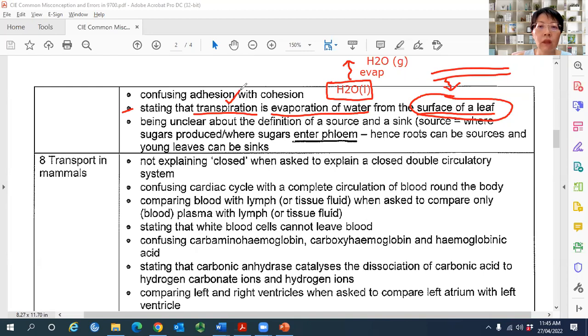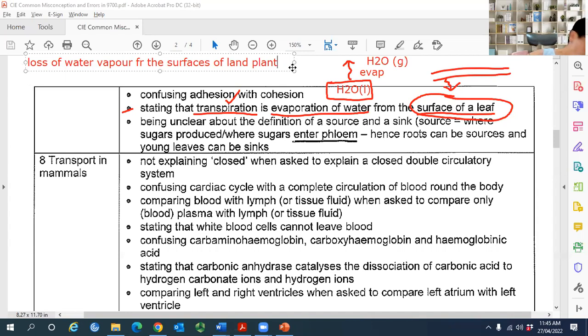Transpiration definition is the loss of water vapor from the surfaces of land plant. This is my definition. Okay. Your definition is almost close to mine, correct? Okay. Loss of water vapor from surface of land plant, you know.